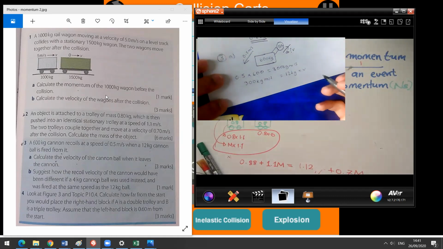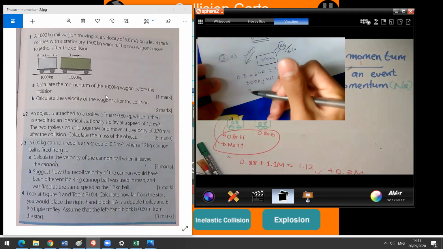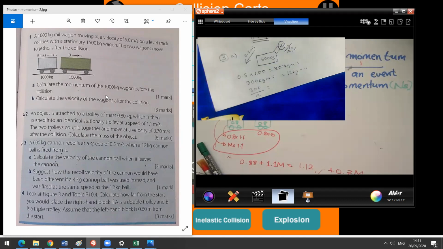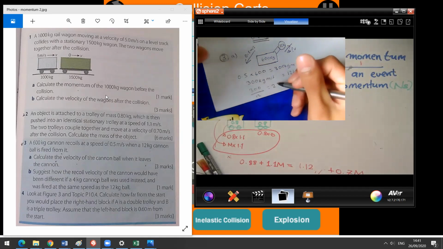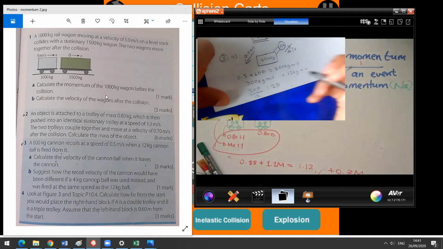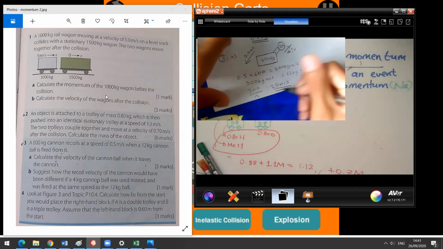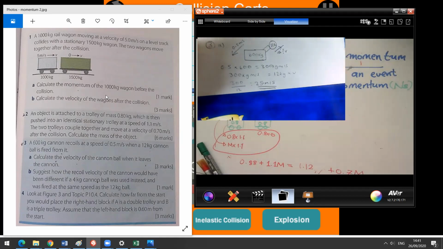Well done. And then 300 divided by 12 is going to equal 25 meters per second. Good. Well done. Okay. Part B.